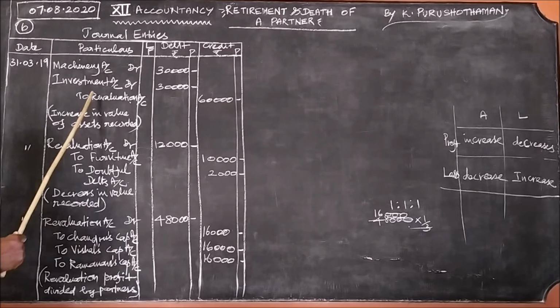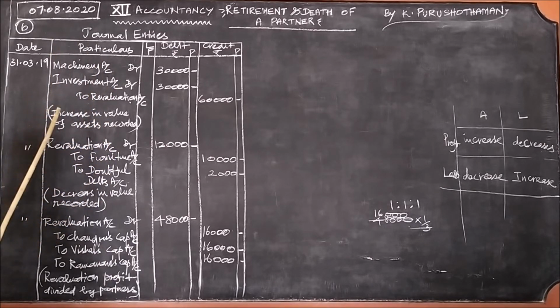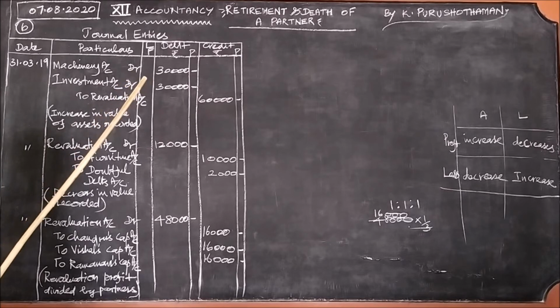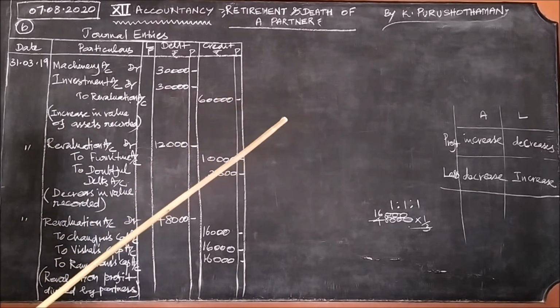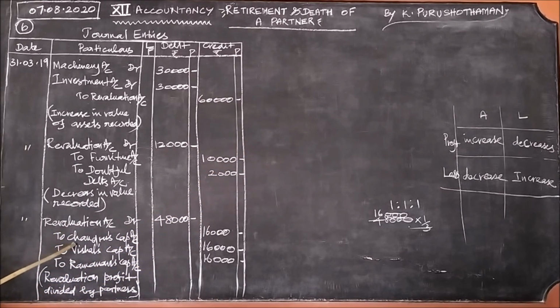For the loss items, the reverse, revaluation to the loss items. How will you write the excess profit or loss transferred to the partners' capital accounts? If there is excess profit, the capital account will be on the credit, revaluation on the debit. When there is excess loss, the capital account will go to debit and the revaluation account will be on the credit. You must be very careful in it.